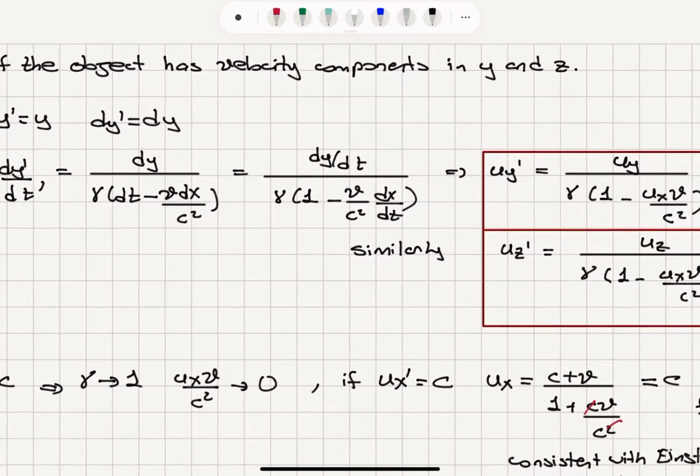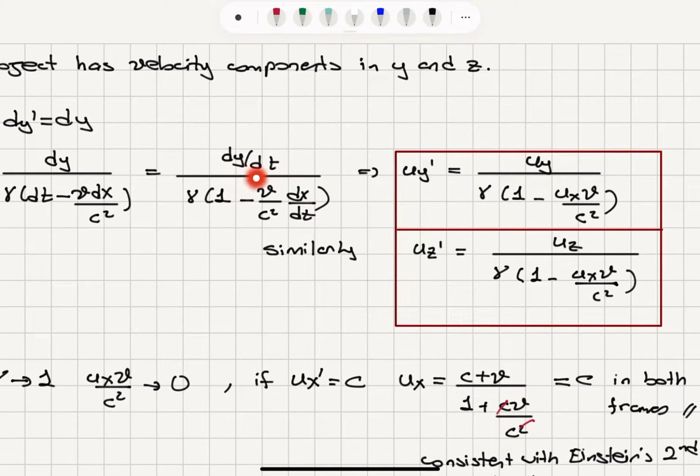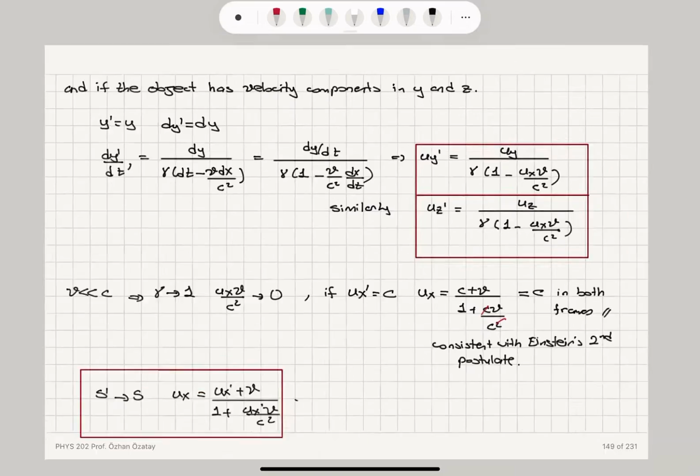Again, taking dt out in parentheses, I obtain dy/dt over gamma times 1 minus v times dx/dt over c squared. So this becomes uy, the velocity y component measured in the S reference frame, divided by gamma times 1 minus ux v over c squared. And the story is the same for z. So uz prime would be uz over gamma times 1 minus ux v over c squared.